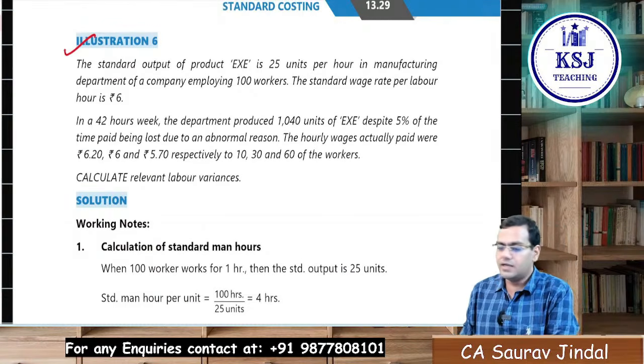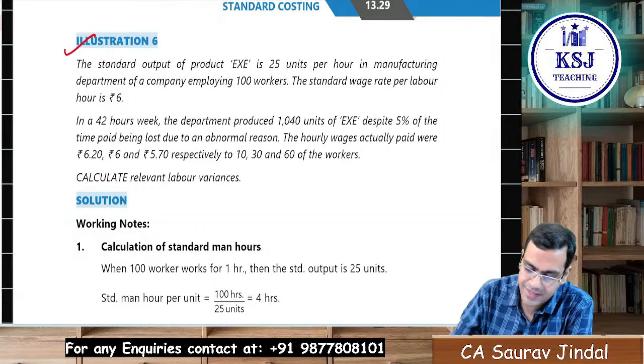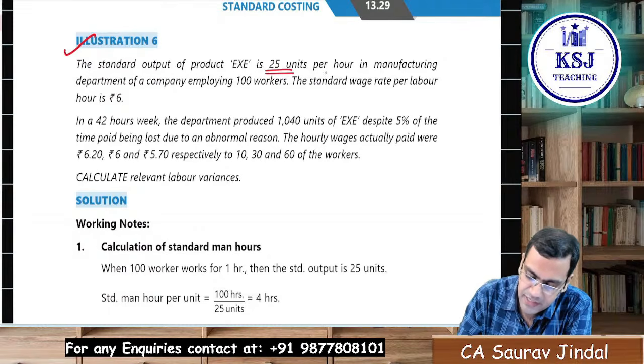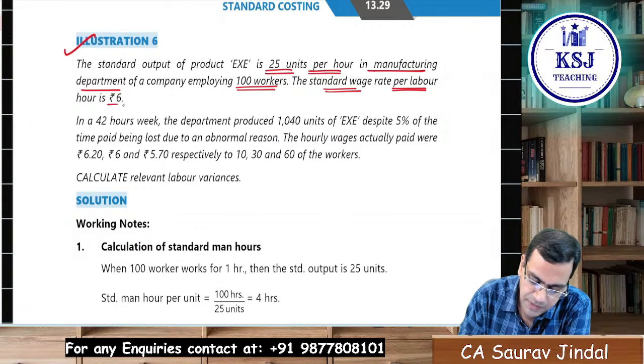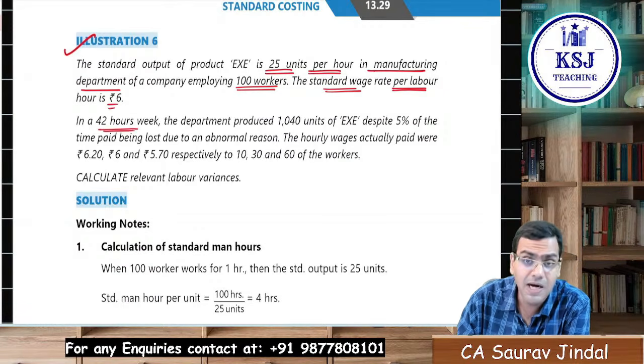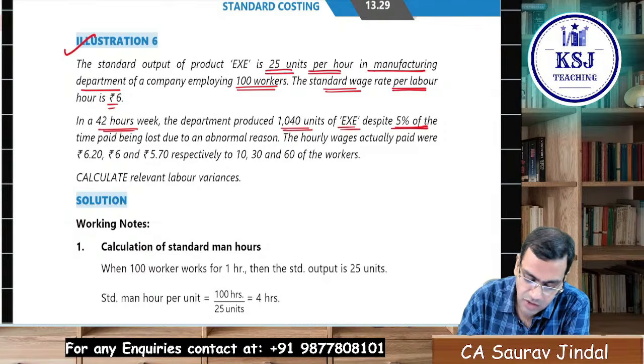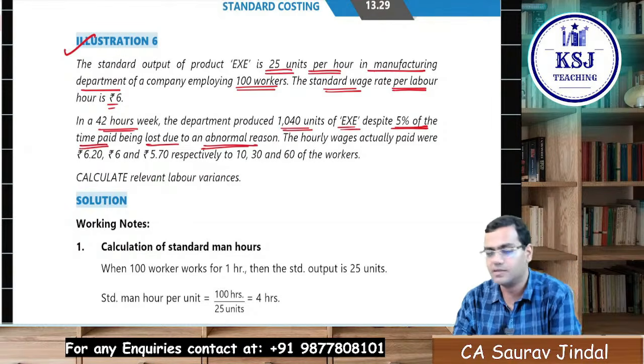The standard output of the product EXE is 25 units per hour in manufacturing department of a company employing 100 workers. The standard wage rate per labor hour is rupees 6. In a 42 hours a week, the department produced 1040 units of the EXE despite 5% of the time paid being lost due to the abnormal reason.